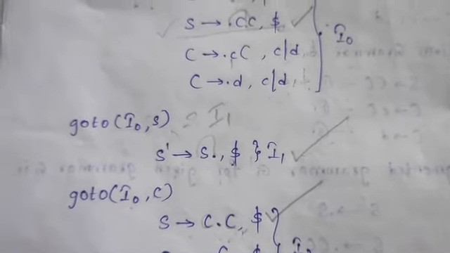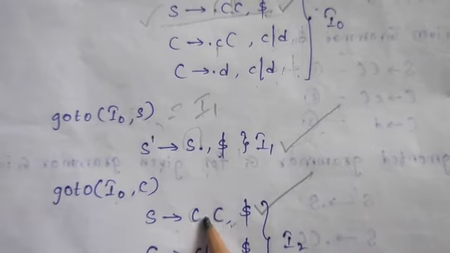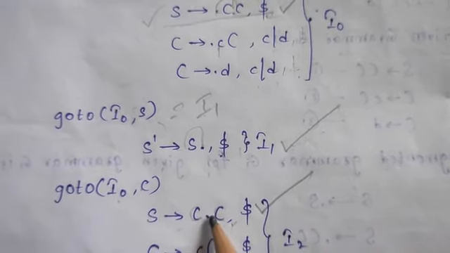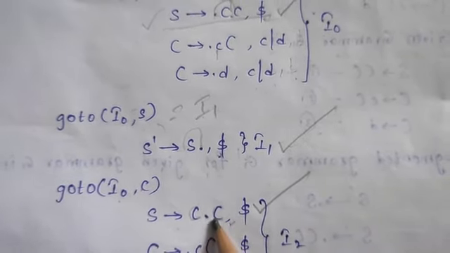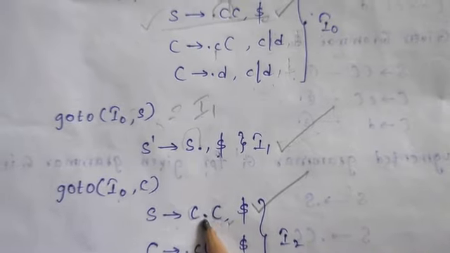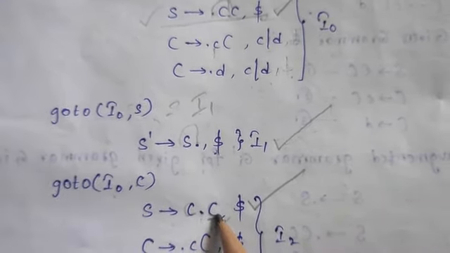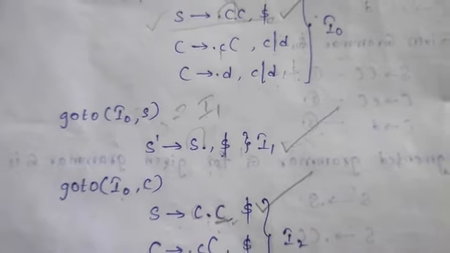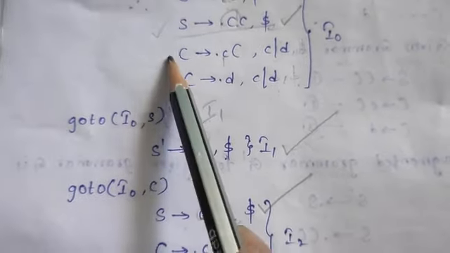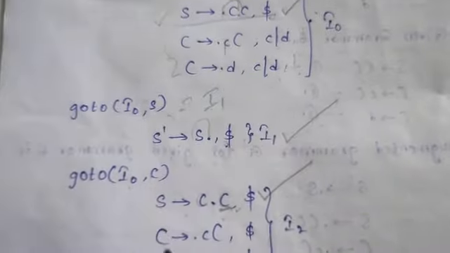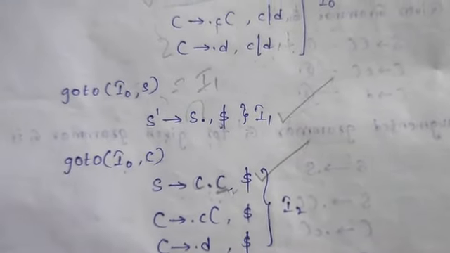Okay, then we'll check again whether the dot is before any non-terminal. So here yes, the dot is before capital C. Here capital C means we have two more productions. We need to place those productions before this one.